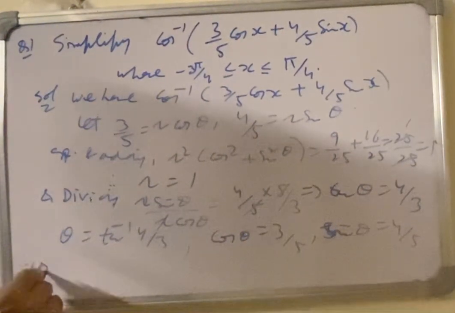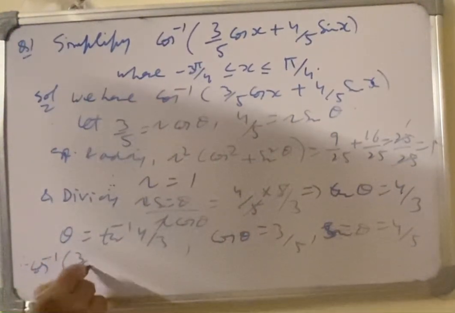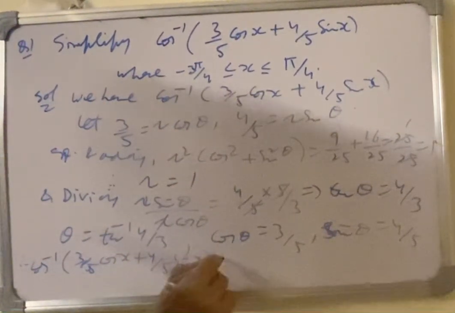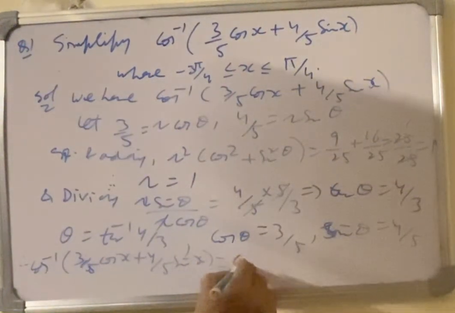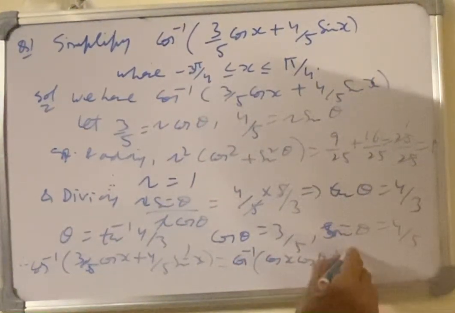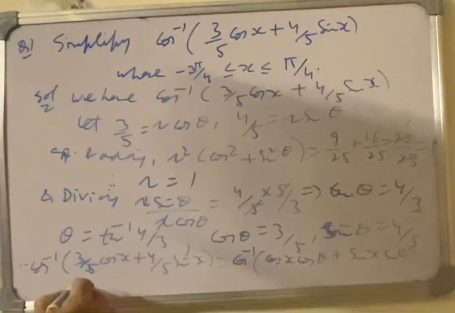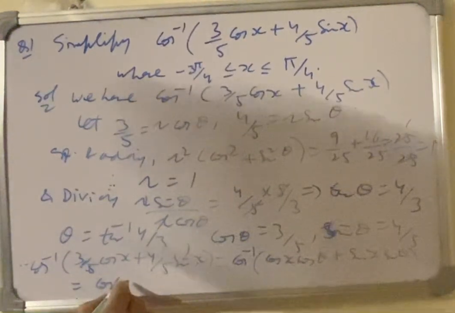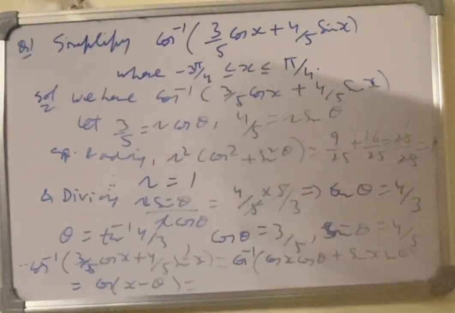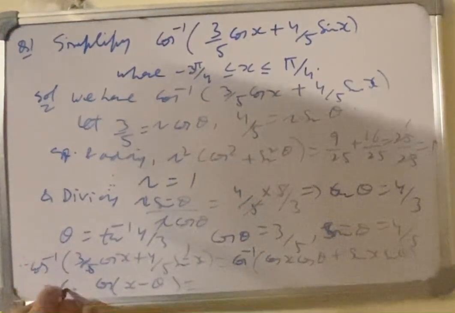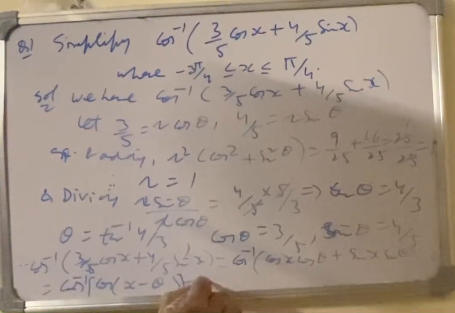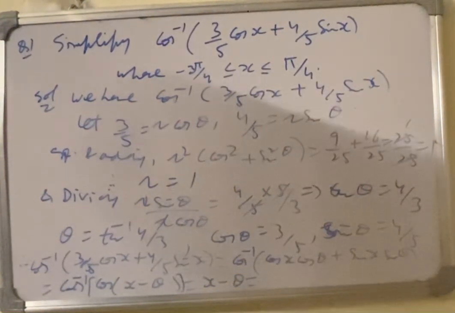Therefore, cos inverse of 3/5 cos x plus 4/5 sin x is equal to cos inverse of cos x cos theta plus sin x sin theta, which is equal to cos inverse of cos of x minus theta, which is equal to x minus theta.